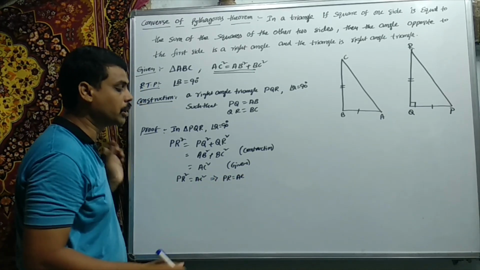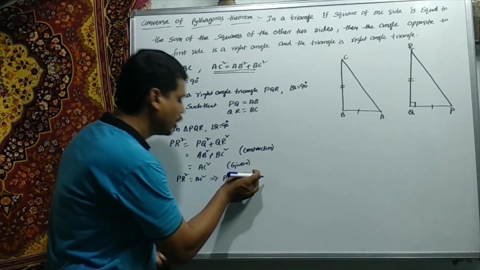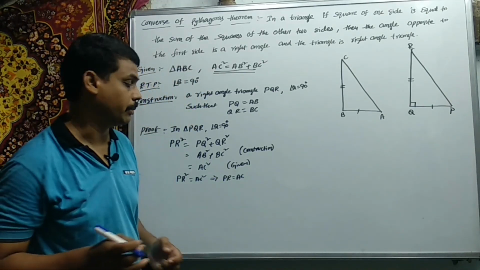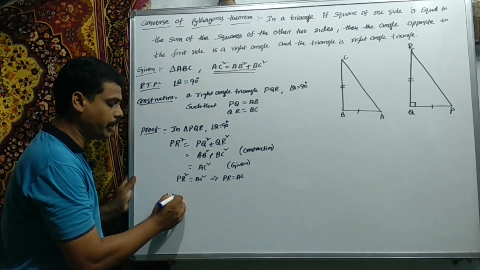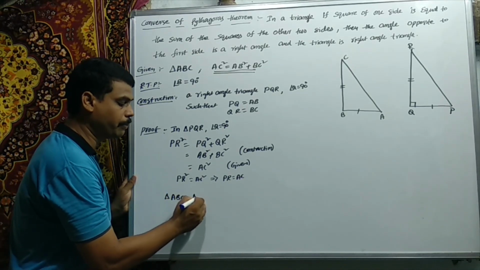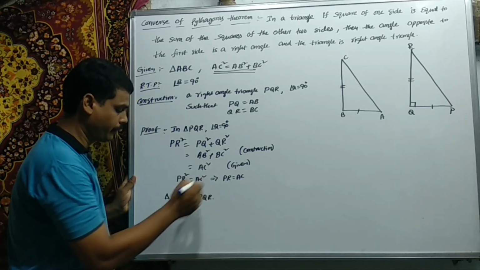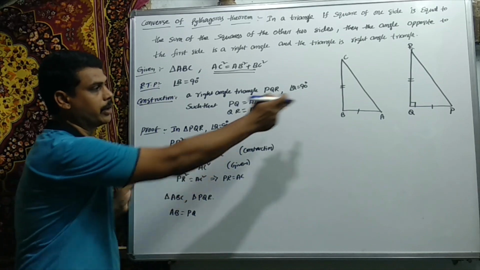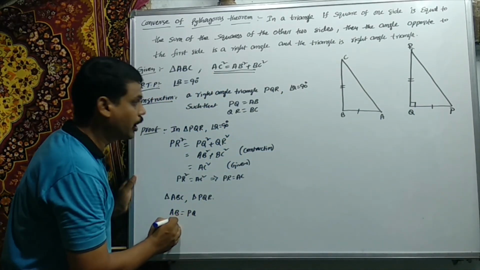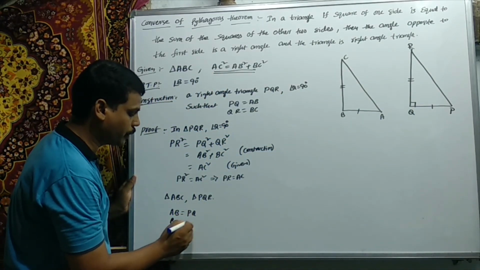Why? Because both are sides, which means positive numbers. So once you observe triangle ABC and triangle PQR, AB is equal to PQ, and BC is equal to QR.